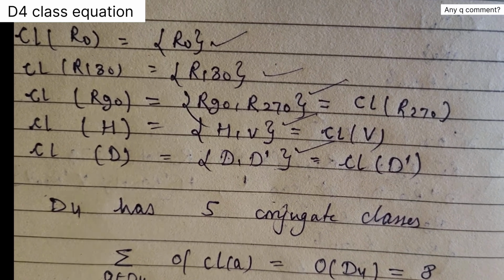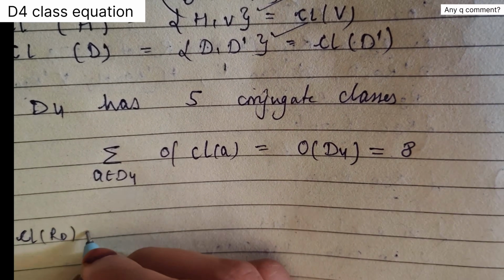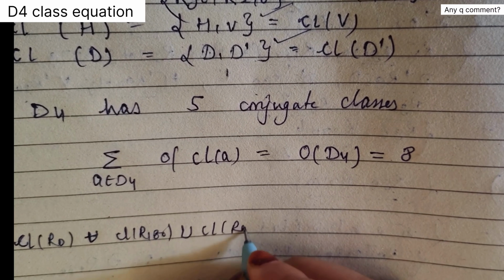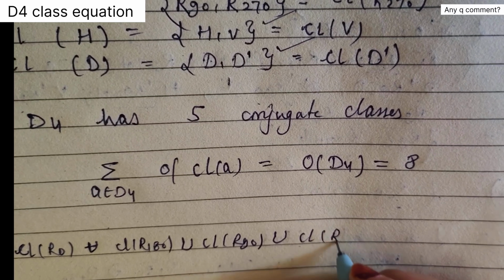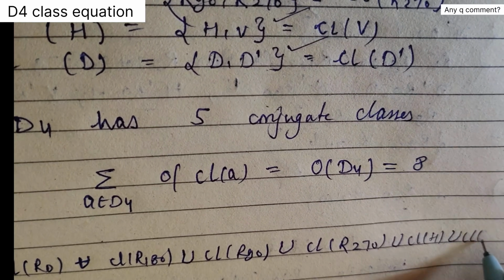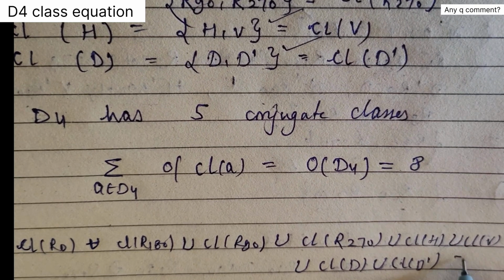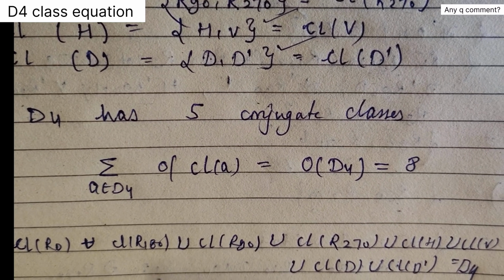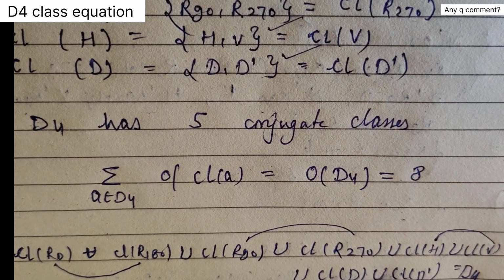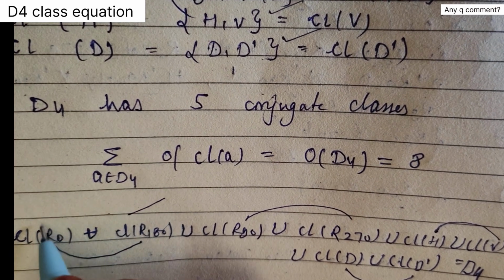Let's analyze what I'm saying. It is the class of R0 union class of R180 union class of R90 union class of R270 union class of H union class of V union class of D union class of D dash equals D4. The class of R90 equals the class of R270, H equals V, D equals D dash, while these are different.